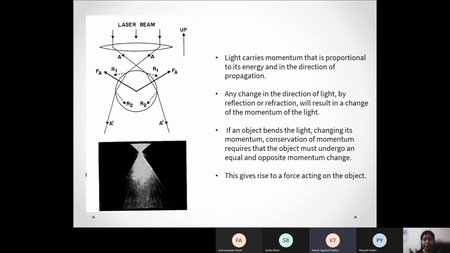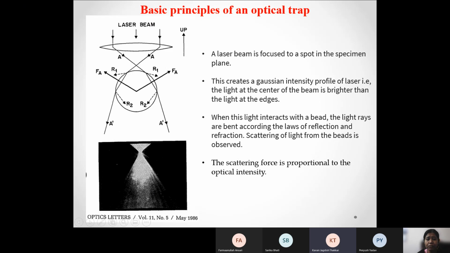of this radiation. And this is actually an image taken from Arthur Ashkin's own paper, where he's explaining exactly how this is happening. This is a lens here, and you can see a bead here. You would see the light falling on this. You would have some amount of scattering, reflection, refraction, everything happening.